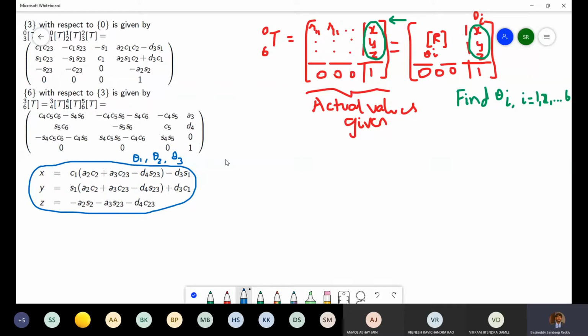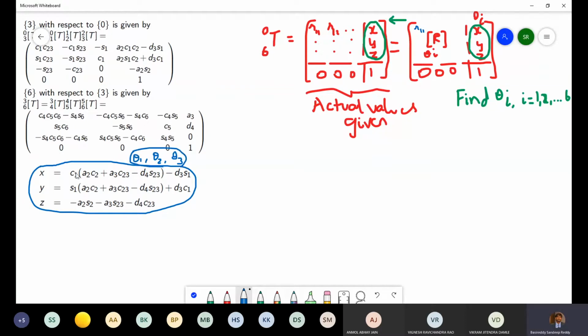So this is one thing to keep in mind: when you want to see where to start, whether you should start equating this R11 term with the actual value of R11 or R12 to R12 and so on, it is preferable to first start with a set of relations wherein the total equations that you have match the total unknowns.